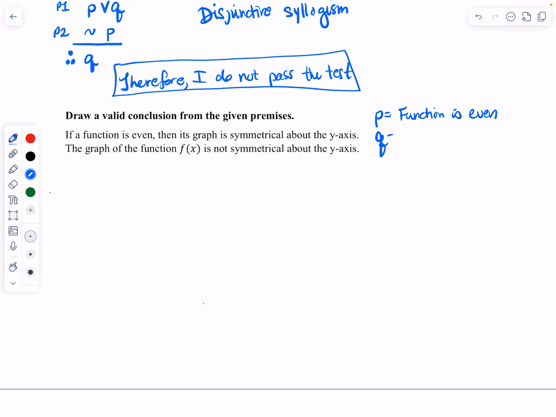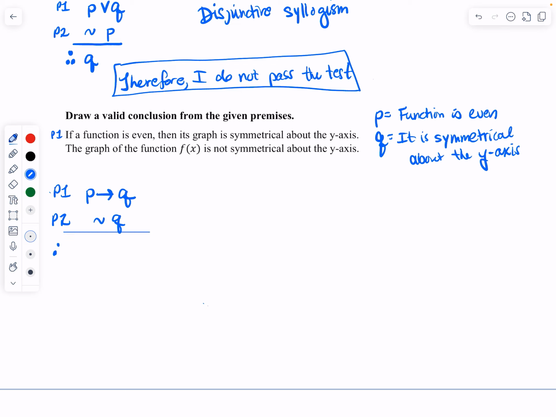And Q is going to be it is symmetrical about the y-axis. Okay, so P1 is my first sentence. So premise 1, if a function is even, that's P, then its graph is symmetrical about the y-axis, that's Q. So we have the conditional. For P2, it says the graph of the function f of x is not symmetrical about the y-axis, so that's negation Q.